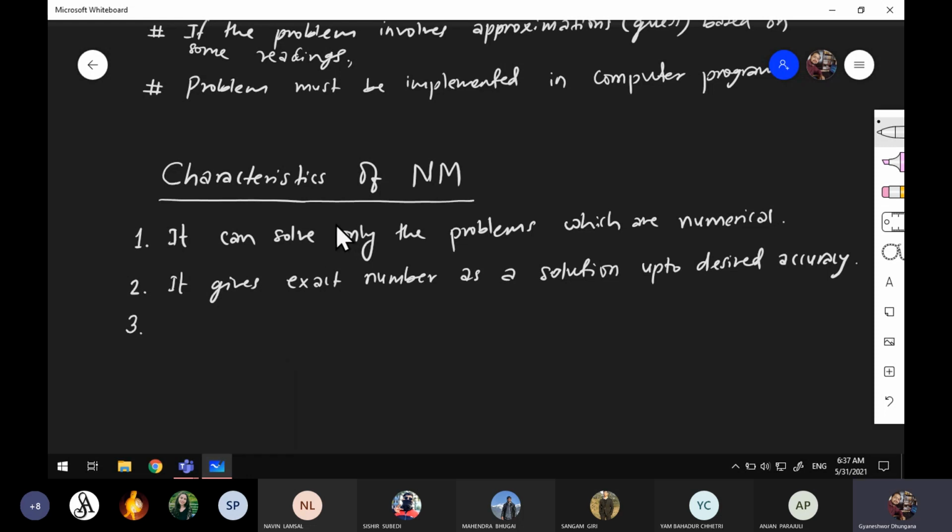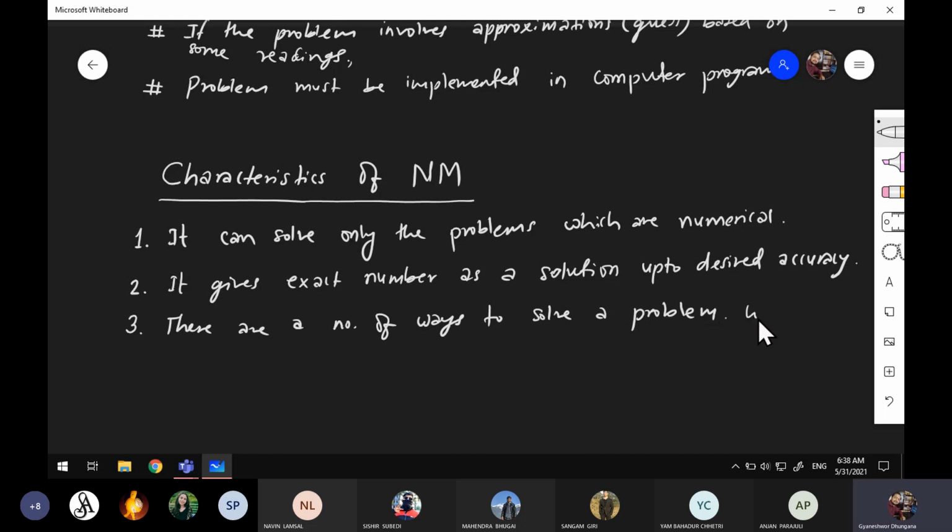Next, there are a number of methods to solve a particular problem in the numerical method. There are a number of ways to solve a problem.